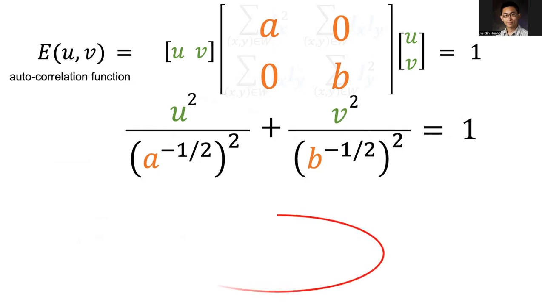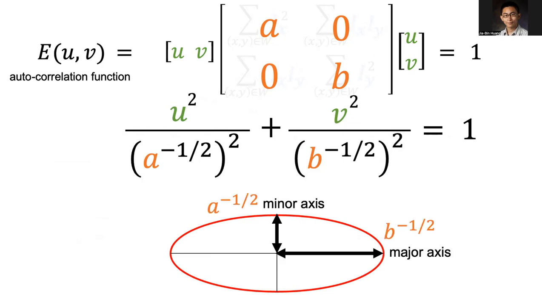Okay, so it looks like this, and then you can see that this one is the minor axis, and this one is the major axis. So this ellipse tells you this. If you have a minor axis, it means that you have a fast change, right? If you move along that direction, you will see the error goes up, like the error reaches the target very quickly. If you have the other, then this means that it's not sensitive. Right, it's a slow change, and the fast change is along the minor axis.